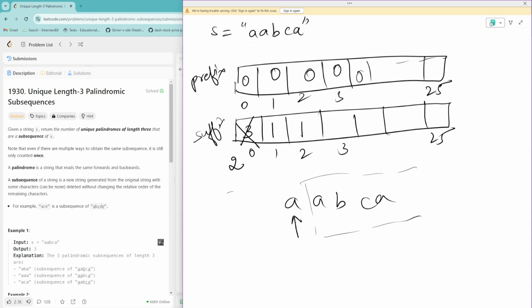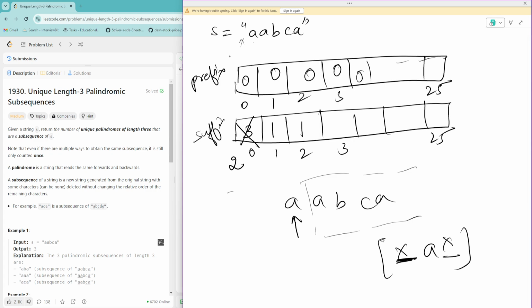So once I am at a particular character, I would first decrement its count by 1. Then I would check to maintain this pattern: is there any element existing previous to A? No, there is not. And how can we check it?